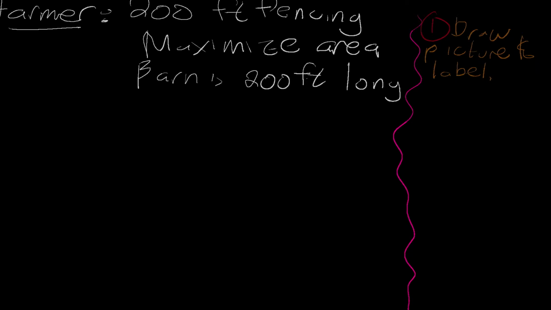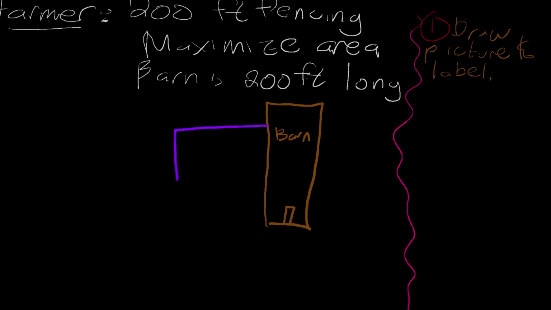So let's say that this is our barn. Obviously you can see that my drawing skills are not very good, but this is our barn. I'll label it barn. Okay, and then on this barn we're going to have the fence. So let me just make it look something like this.